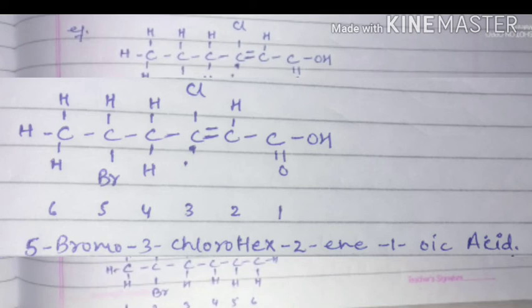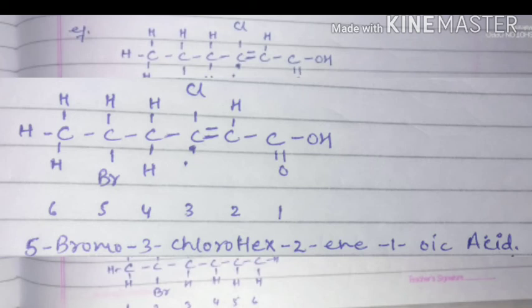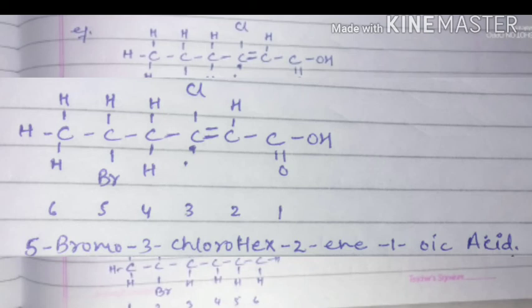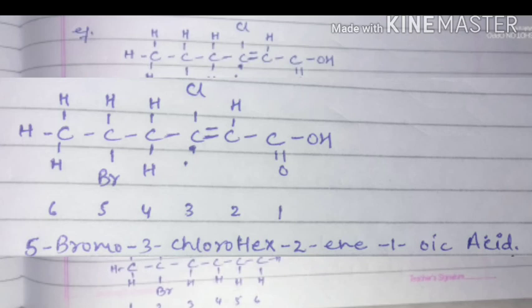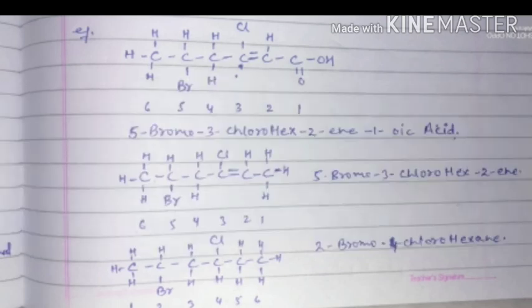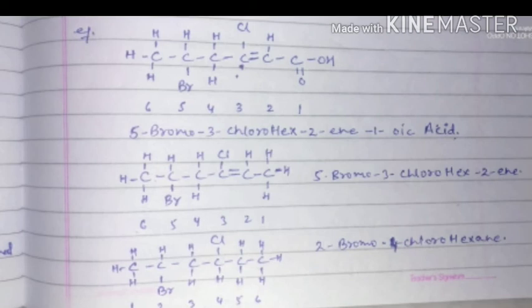That's why first we write 5-bromo, then 3-chloro. Then the number of carbons is 6, so we write hex, and the double bond is present between carbon number 2 and 3, so we will write 2-en. Then at carbon number 1 the carboxylic acid is there, so we will write 1-oic acid. You need to remember, if the functional group contains a carbon, that carbon we need to count in our carbon chain. In numbering we should not forget to count the carbon of the functional group.